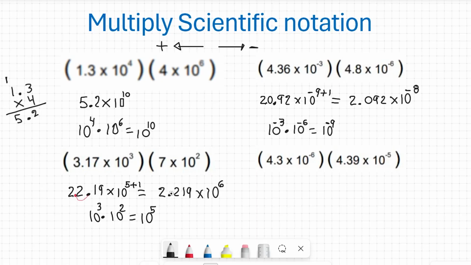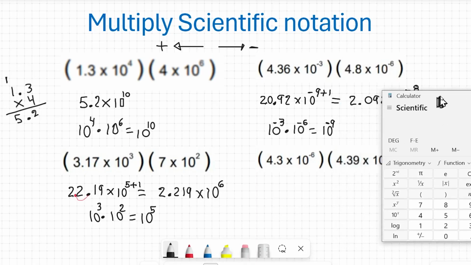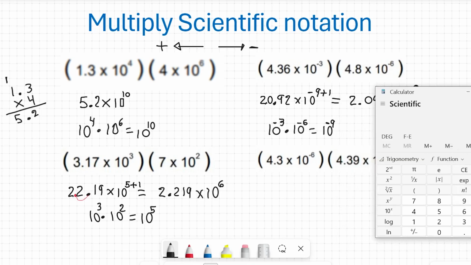Okay. And remember, now that you have only one whole number in front of the decimal point. And now let me do the last one. So for the last one, now I'm going to be multiplying the two numbers that I have inside the parentheses.